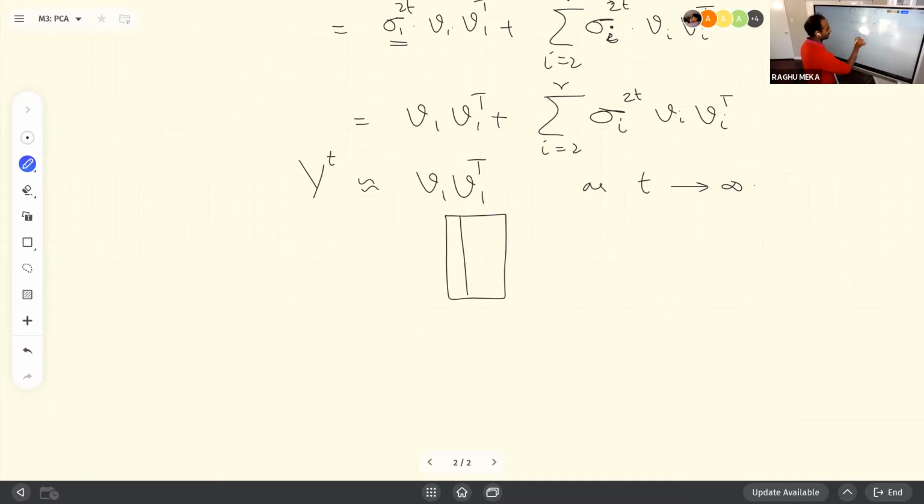Well, it's a square matrix, right? So this is v1 times v11, right?